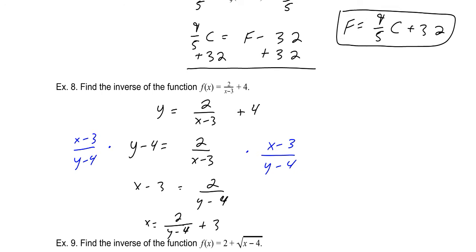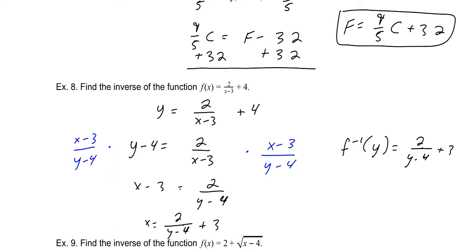Alright, there are two ways I can write this. I can write this as f inverse of y equals 2 over y minus 4 plus 3, which means this function takes inputs of y and gives us the outputs, which were our original inputs.